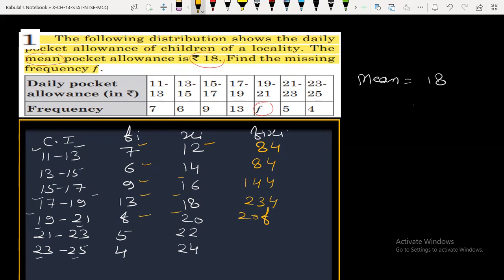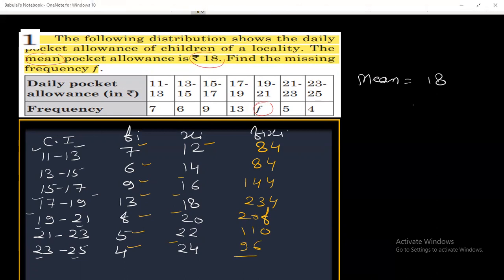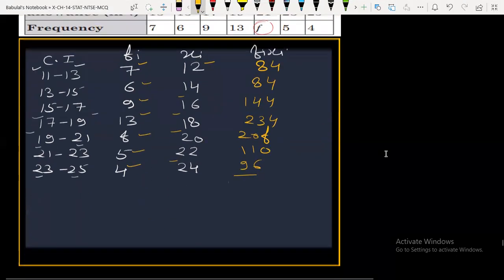And 5 into 22 is 110. And 4 into 24 is 96. क्या हमारे पास फॉर्मूला था मीन का?